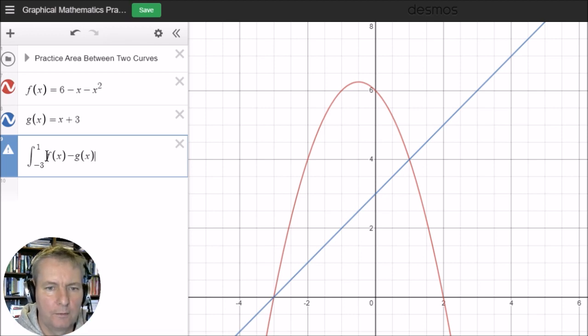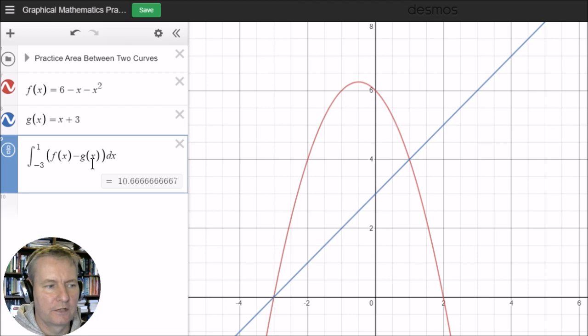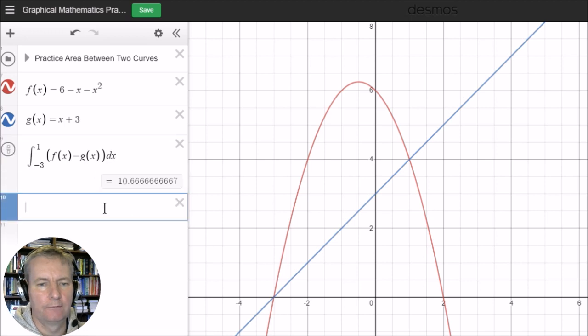Now we're going to have to put a bracket around all of it, and that's all by dx. And you can see it's given us the answer here, which is 10.666, which is going to equal the value 32 divided by 3.